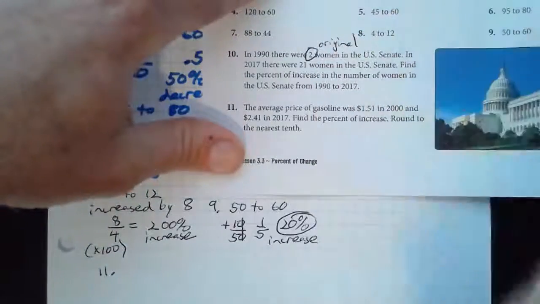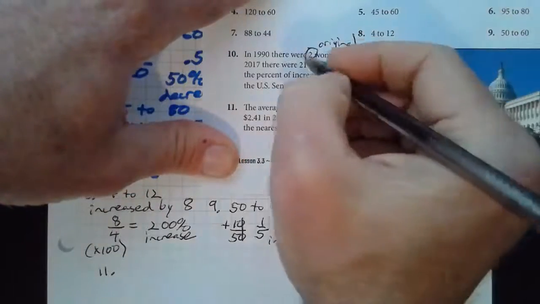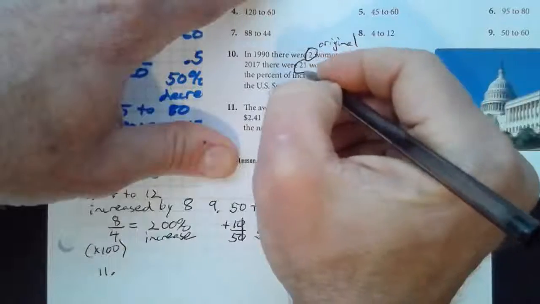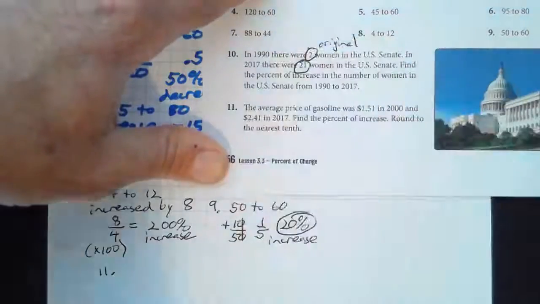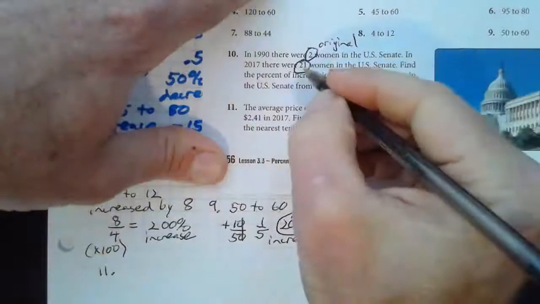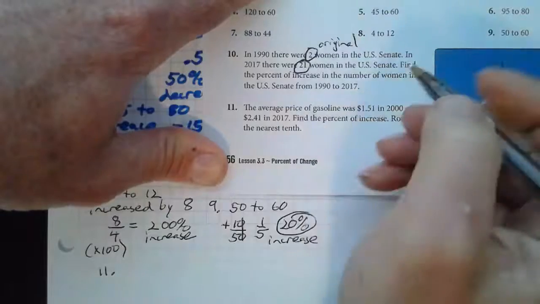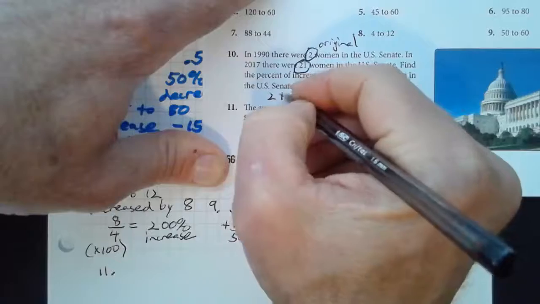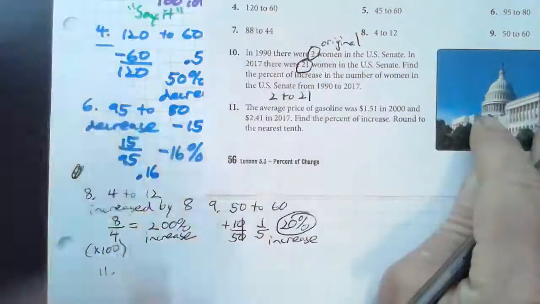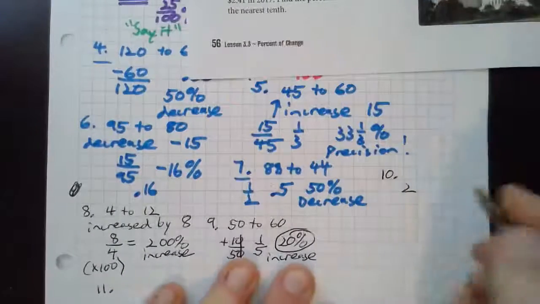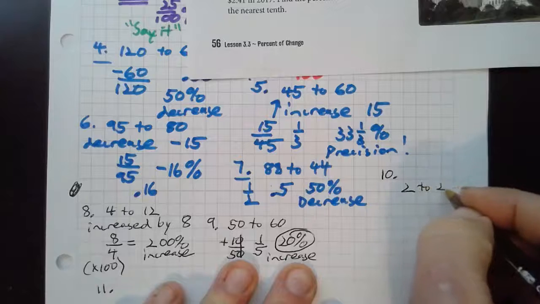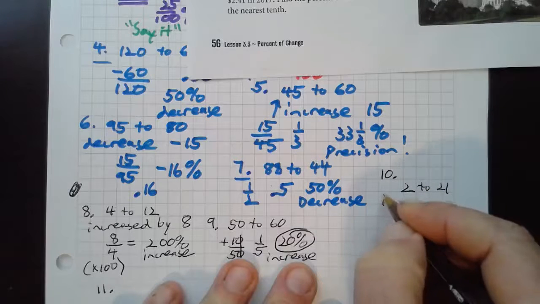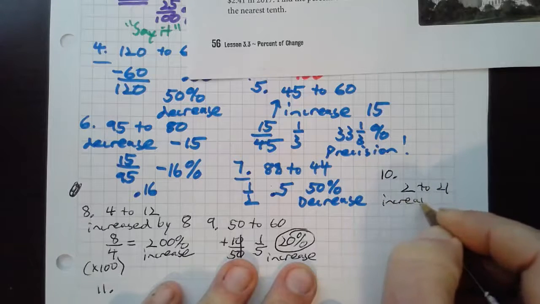If you print the page, you can write in your book too. It's kind of satisfying. A long time later, geez, that's a separate math problem. A long time later, it's 21. Find the percent. Okay, so 2 to 21. Let's go down here to where we're showing our work. It started at 2, it went to 21. Increase of 19.